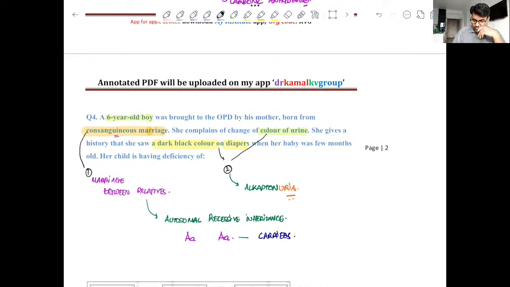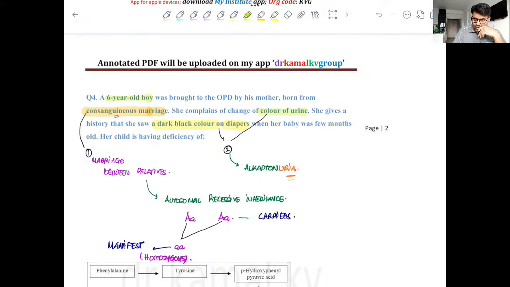But one out of such pregnancies will manifest the disease. Clear? And this is the one which will manifest the disease, because now this child is homozygous. Clear? So this is a classical term for autosomal recessive inheritance, consanguineous marriages.